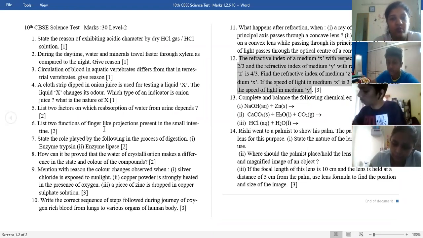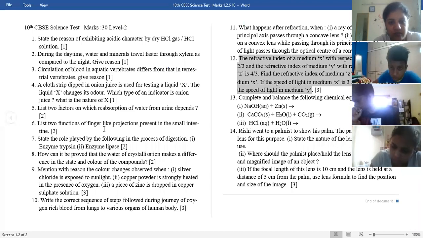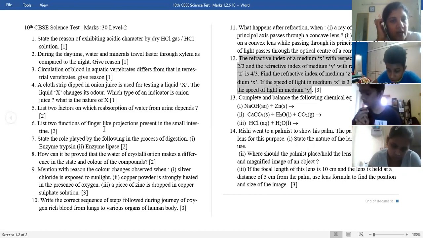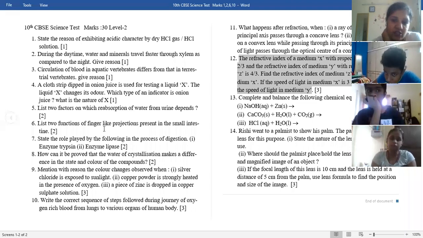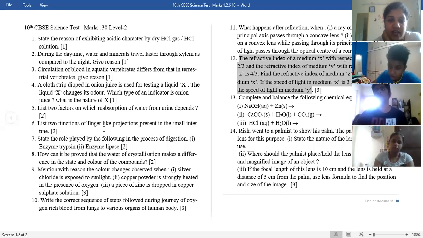CaCO3 plus H2O plus CO2. So here calcium hydrogen carbonate is formed, Ca(HCO3)2, calcium hydrogen carbonate. And HCl plus H2O forms H3O+ plus Cl-. So you have to mention the sign.